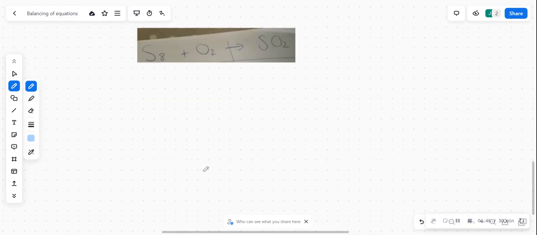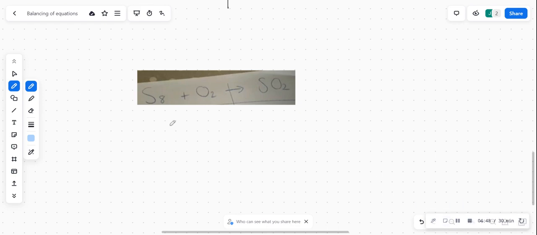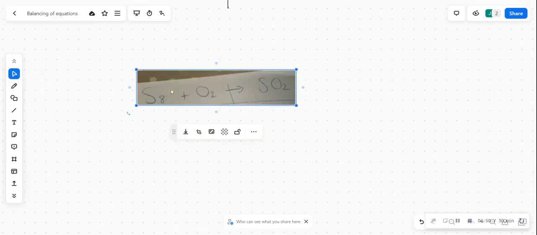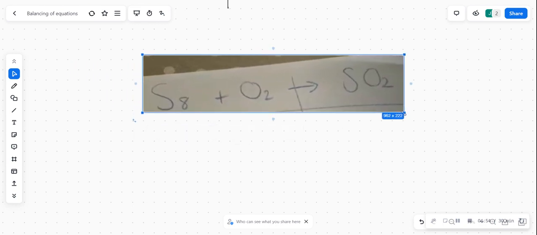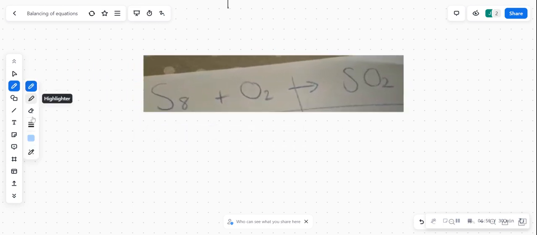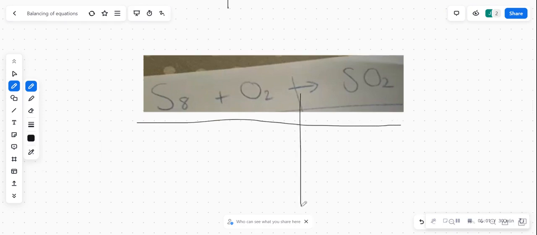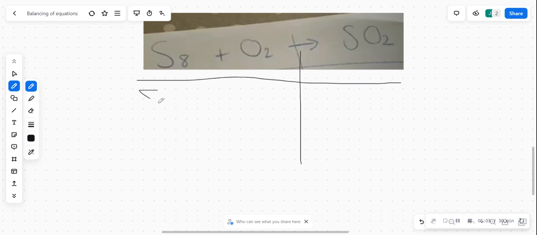Okay, let's do that one. Let's maybe make it a little bigger. Okay, let's take my black pen. So on this side is my sulfur, it is 8.